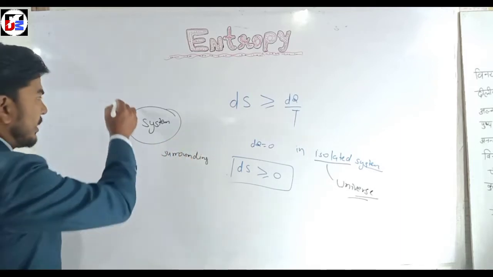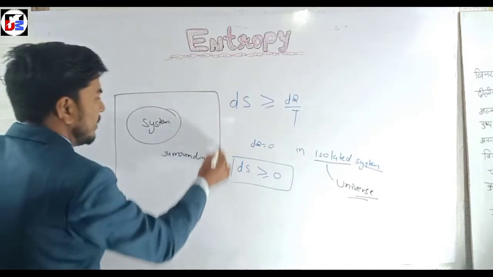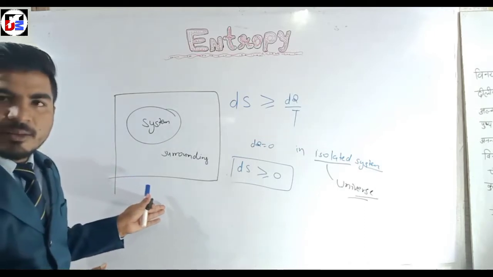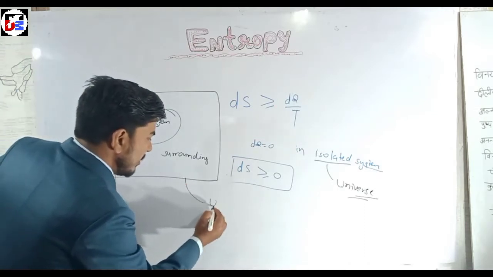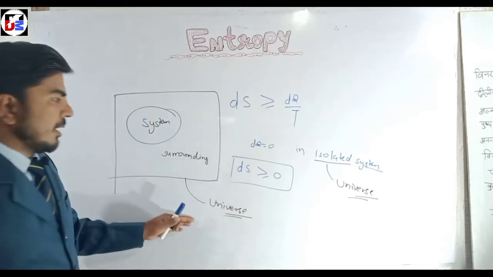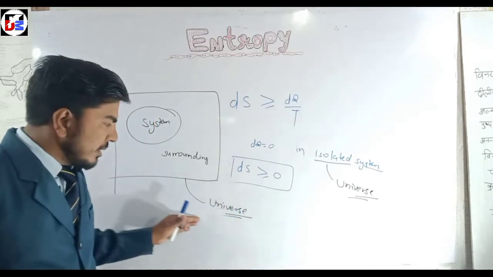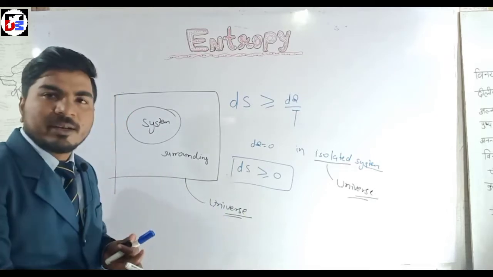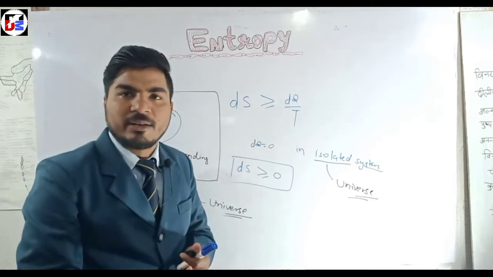Then we take the whole thing, system and surrounding, and this becomes the universe. When we treat it as one system, it becomes an isolated system. The universe is the isolated system.